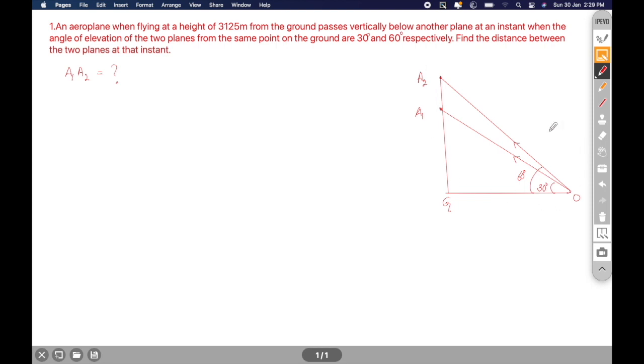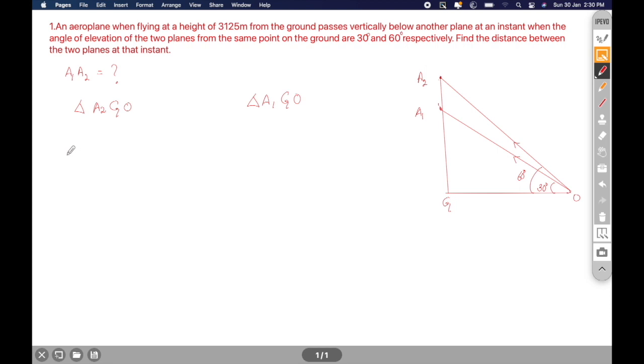In this figure, we observe that there are two right-angled triangles, A2GO and A1GO. As we are concerned about A1A2, which is a part of the perpendicular distance from the ground, we will consider the ratio of the two sides, that is the perpendicular and the base.